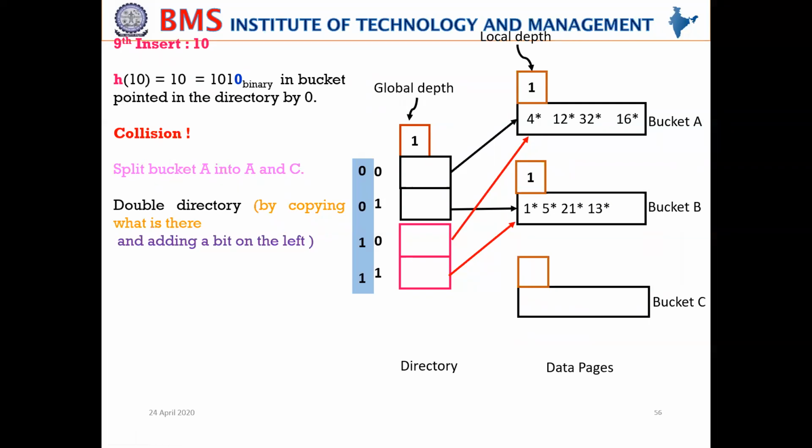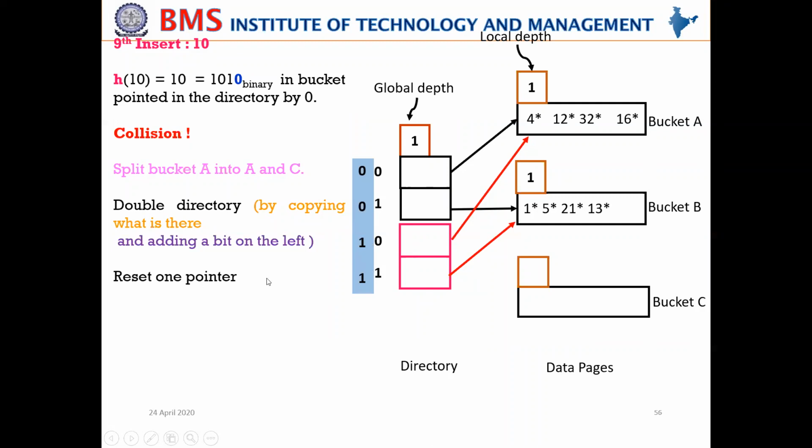At least 2 bits. That is 2 power 2, which becomes 4, meaning I can address 4 buckets. That's the reason I have added 1 bit to the left. Correct? Now what should I do? Reset the pointers.